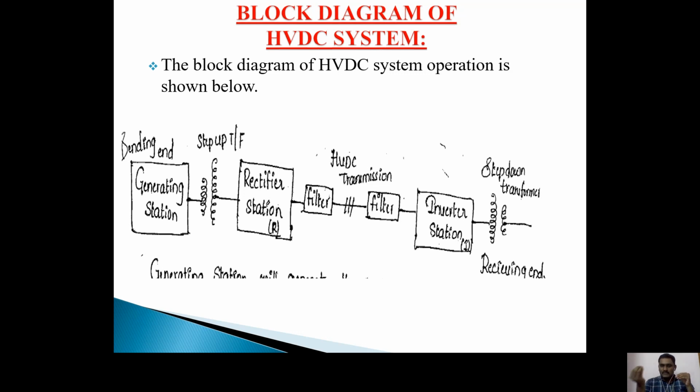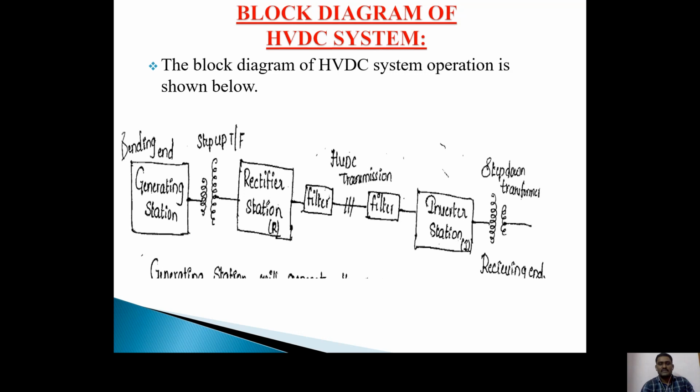The step down transformer reduces the voltage level, because for home appliances we have to use low voltage. That's why the step down transformer is used on the receiving end.